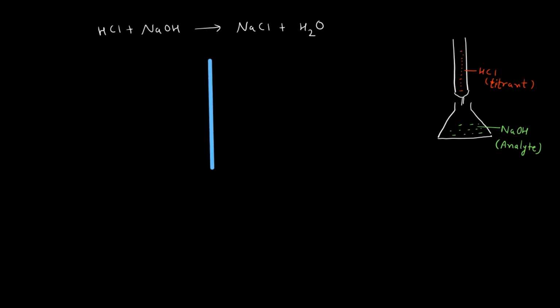We again draw the y-axis, and this is my x-axis. On the y-axis we have the pH, and on the x-axis we have the volume of titrant. Now our titrant is HCl.